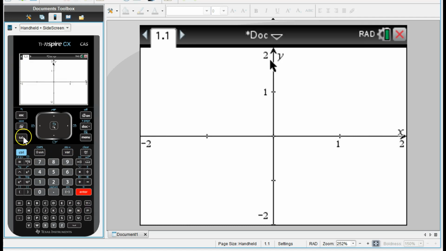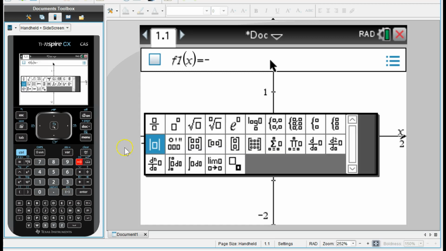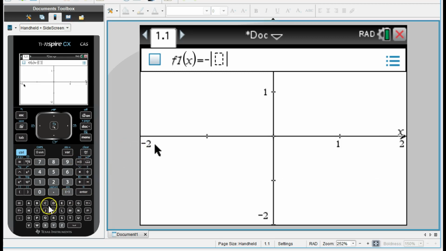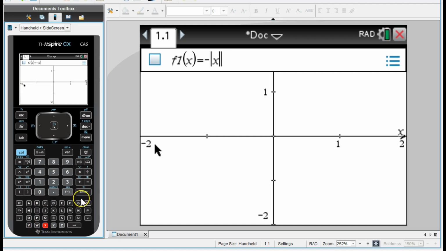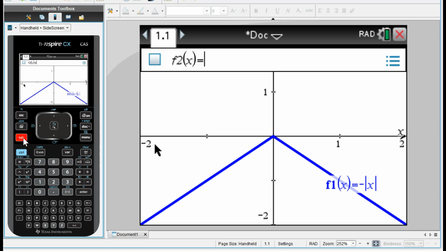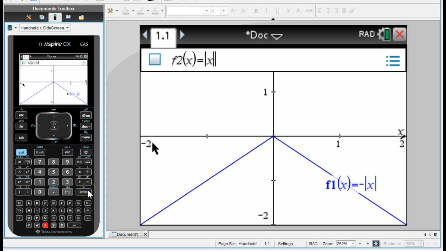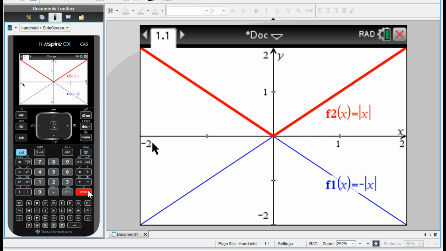Okay, now I'll graph those two functions. There are my two absolute value functions, absolute value of x and opposite of the absolute value of x.